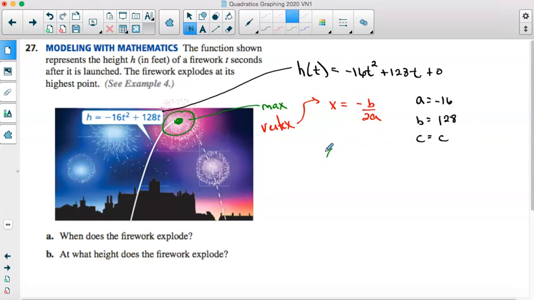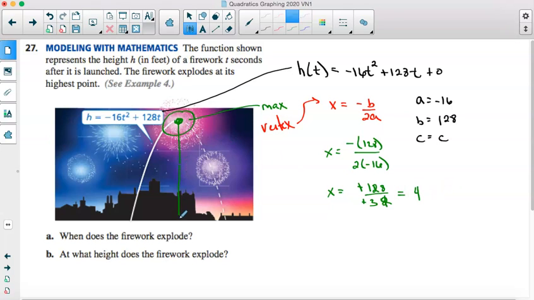Let's plug these numbers in. So x equals negative 128 divided by 2 times a. 2 times a is 2 times negative 16, so x equals negative 128 divided by negative 32, and negative negative becomes positive. 32 goes into 128 4 times, so the x value of my vertex is 4.